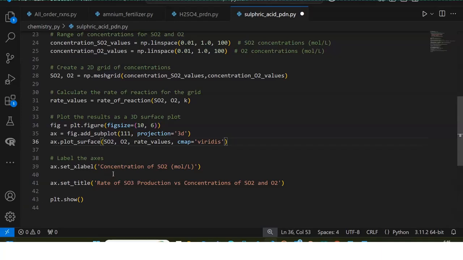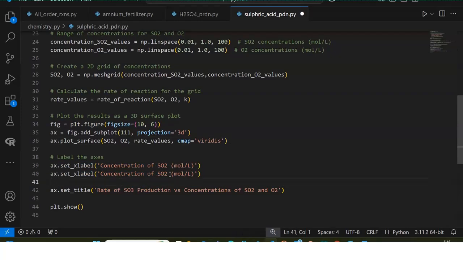We are setting the X label, meaning we are labeling the X-axis with that. Then the Y-axis is going to take the same function, but it will take oxygen instead. Y is taking the concentration of oxygen.